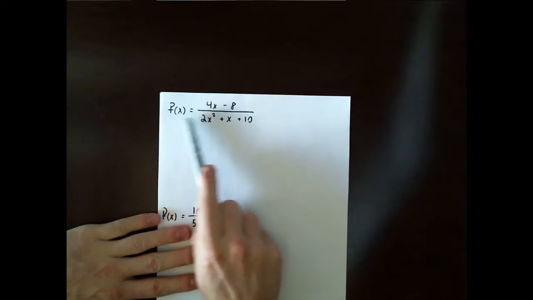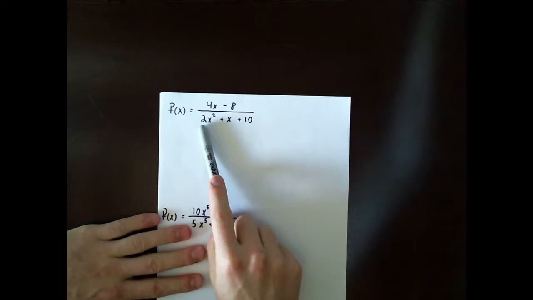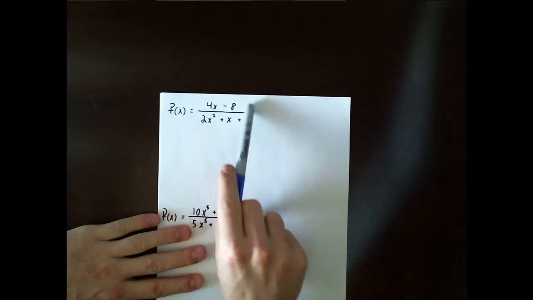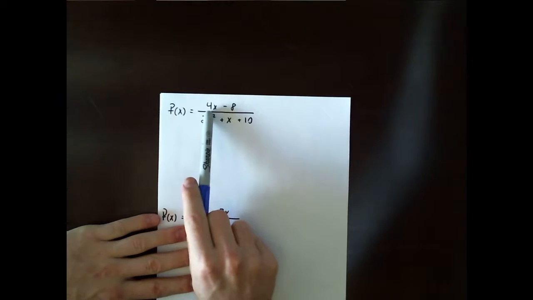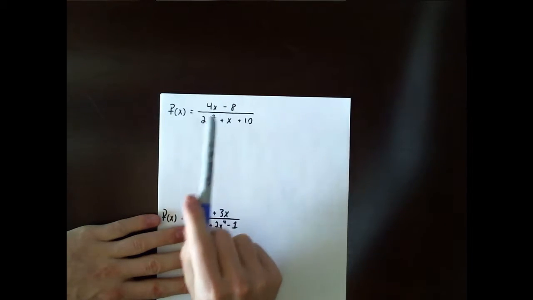So for this first example up here, f of x equals 4x minus 8 divided by 2x squared plus x plus 10. The degree of our numerator polynomial is the degree of 4x minus 8. The highest power of x is 1 here, so the degree of the numerator is 1.